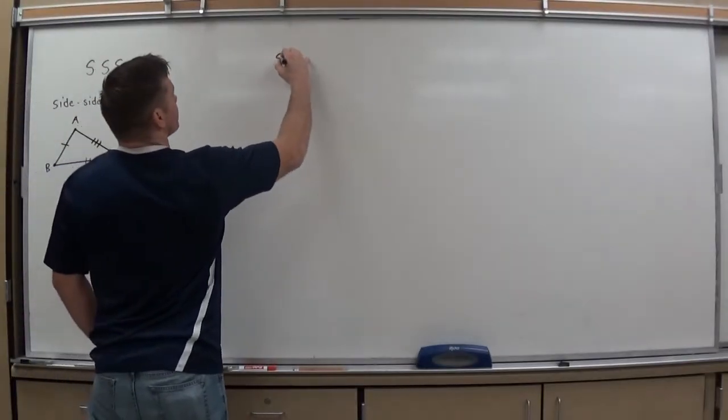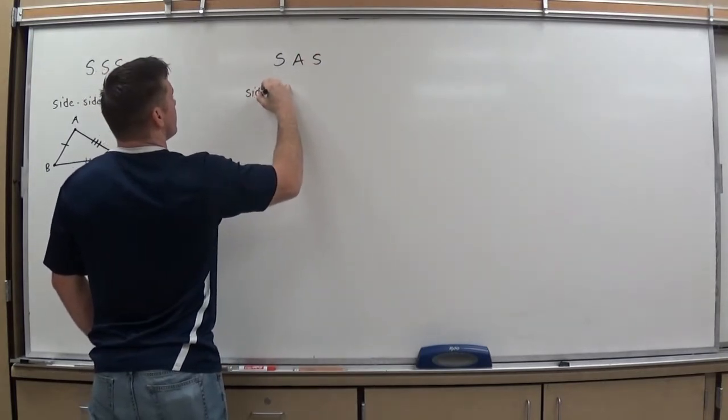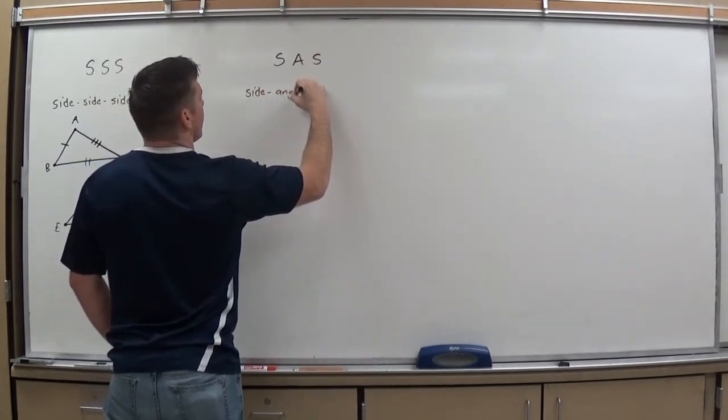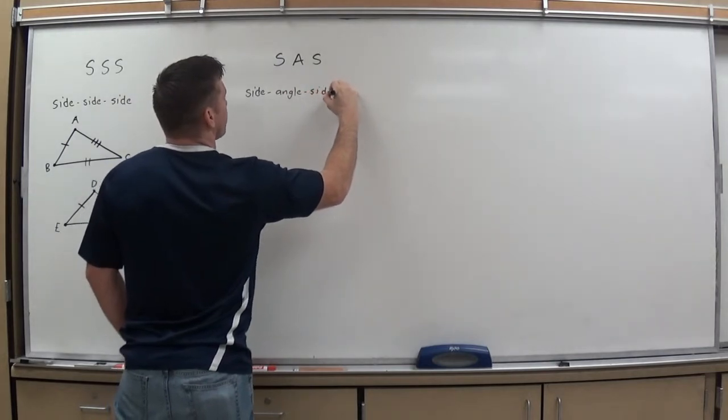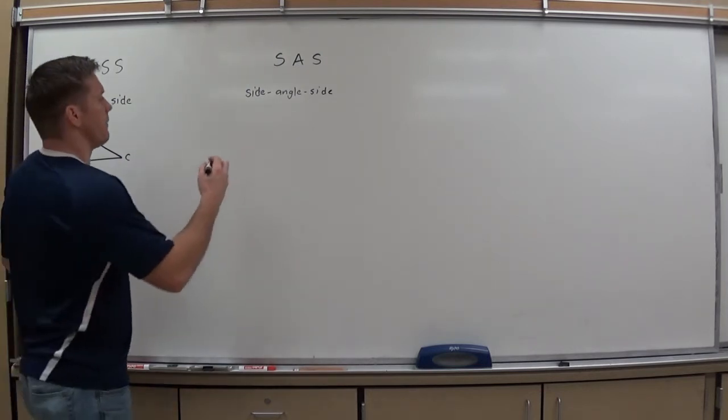Our other one is side-angle-side, SAS, and again you show this being proven by giving you a side that they want you to keep, an angle, and then a side, and you try to make different triangles with it, and you discover, hey, all the triangles are the same.